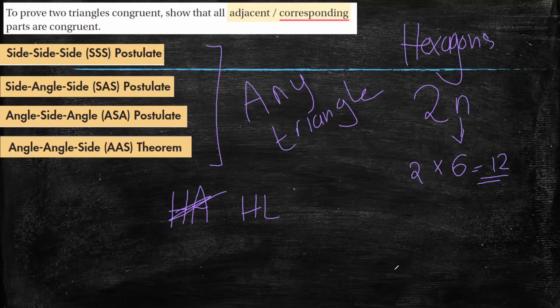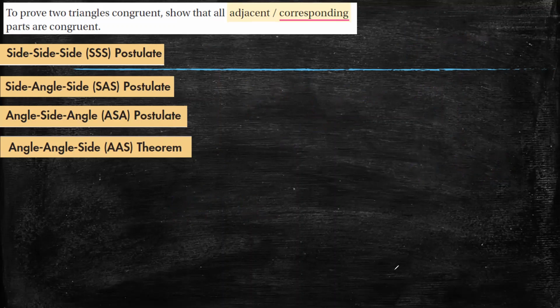But if I'm talking about isosceles or equilateral or an acute triangle, or an obtuse triangle, I use only these four postulates or theorems. So now what are these postulates? These postulates or theorems help me to prove that these two triangles are congruent. The first one, SSS. S means side, so it will be side, side, side.